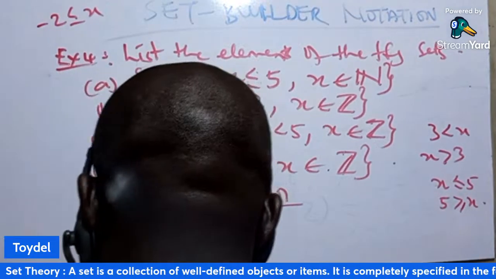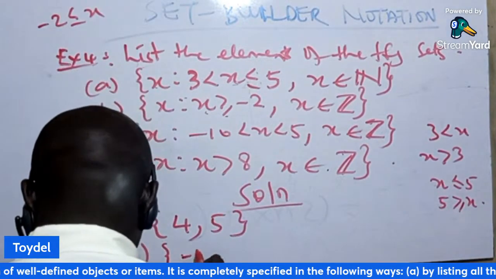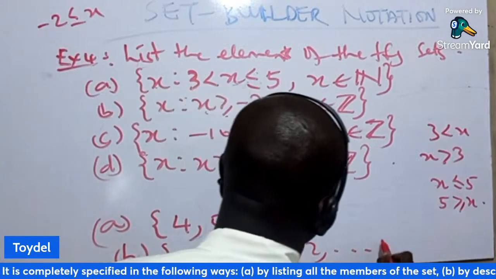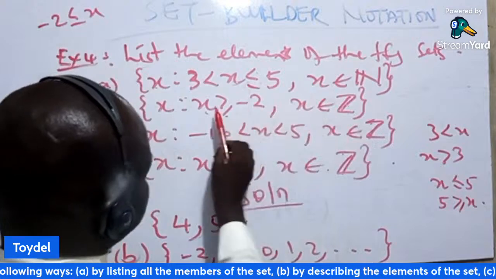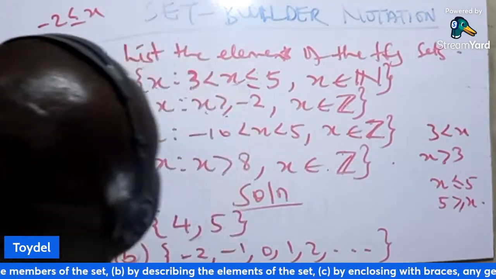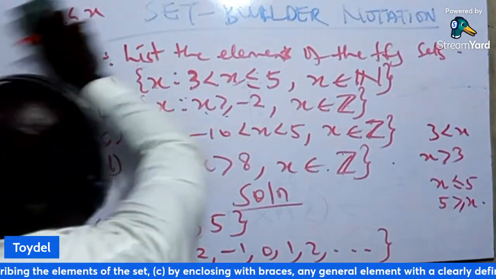So the element will start from minus 2. So we are going to get minus 2, minus 1, 0, 1, 2, dot, dot, dot, up to infinity. Because this second one is a set of integers. Once there is minus, we are talking about integers. But if it's positive whole numbers, it's natural numbers.